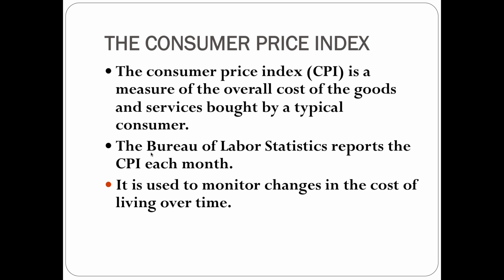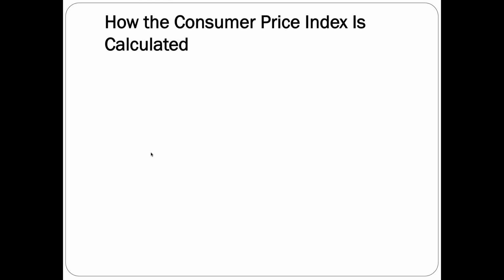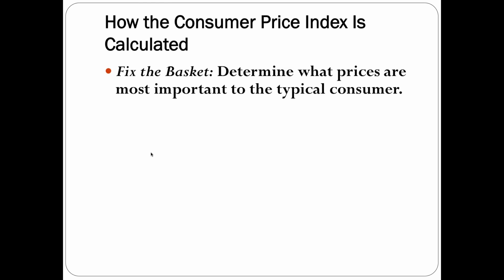Now let's see how this CPI, Consumer Price Index, is calculated. So the first thing the Bureau of Labor Statistics is going to do is they're going to fix the basket. They're going to determine what prices are most important to the typical consumer. And this is important because the Bureau of Labor Statistics is going to be following how the prices of these goods are changing.